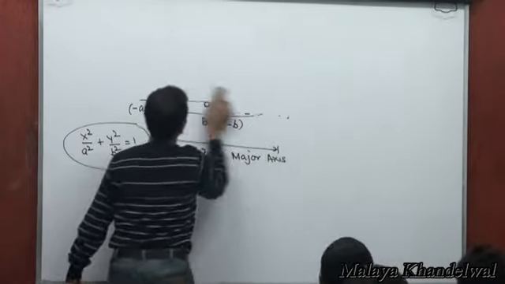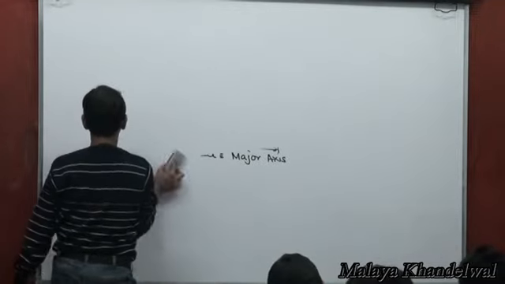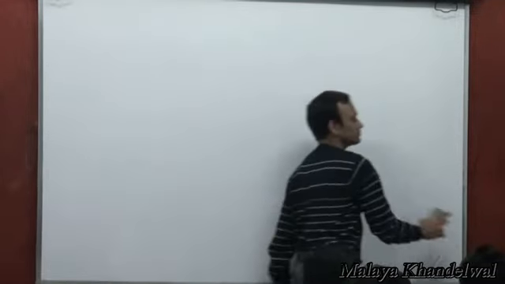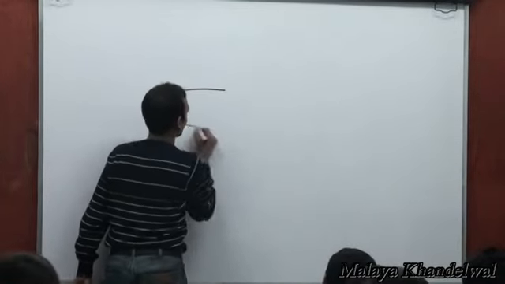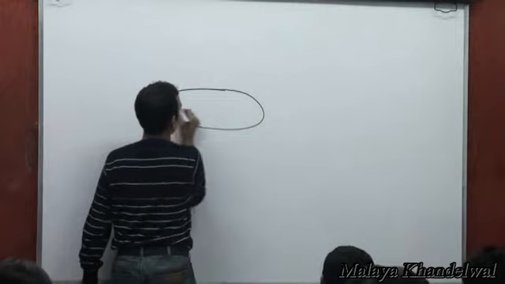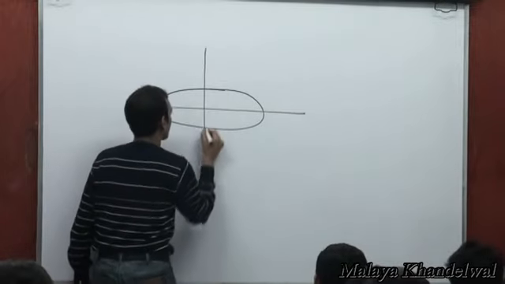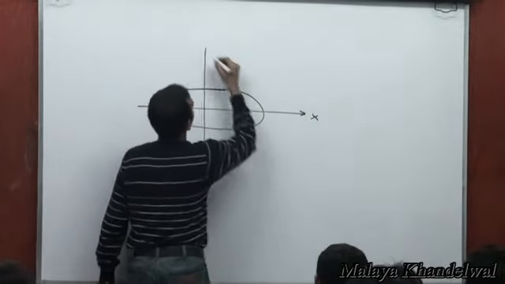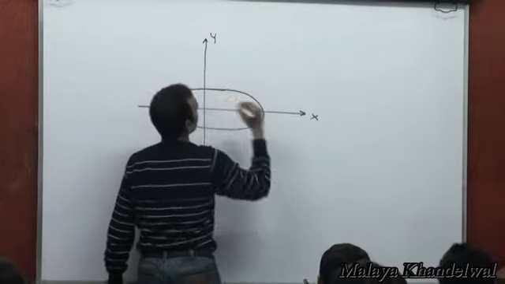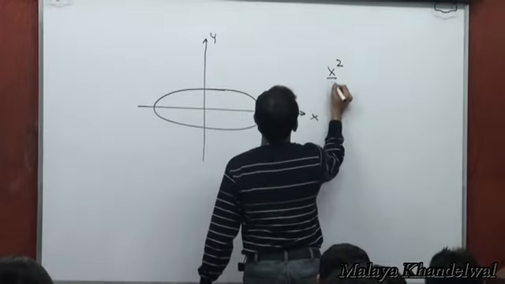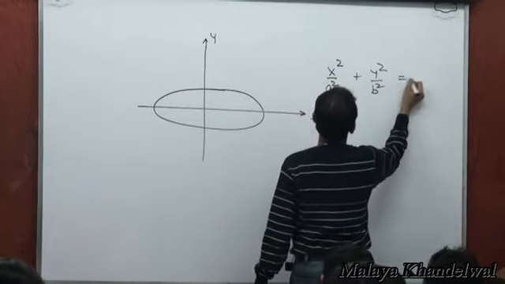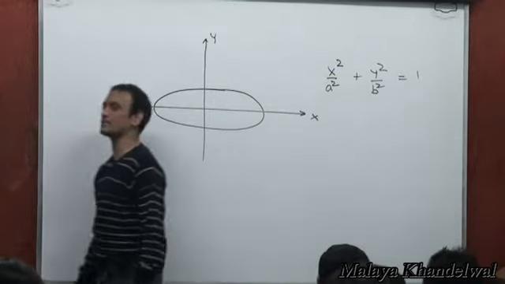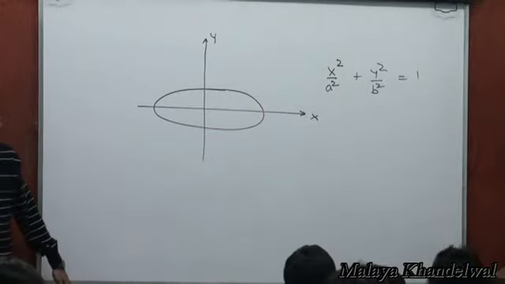Now it can be shown for a standard ellipse, whose equation is x squared by a squared plus y squared by b squared equal to 1. A and b are the semi-major and the semi-minor axis connected by their eccentricity.